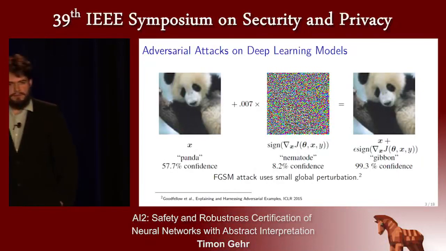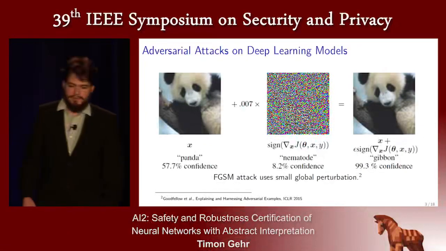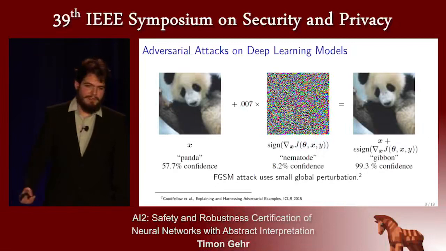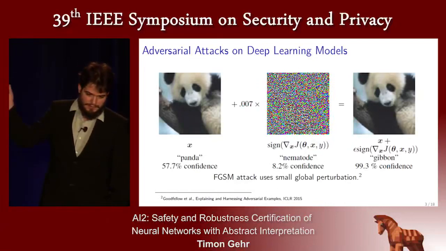There's been a lot of work on attacking neural networks, also some heuristic defenses that empirically improve robustness a little bit. But there's been less work on proving that neural networks actually do what they're supposed to do, in the sense that they don't behave differently on specific images if you just change the image a little bit. In this work, we're trying to address this.